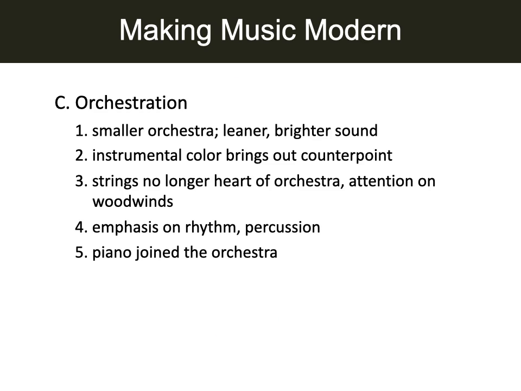Orchestration. So what is orchestration? That is what instruments you are in the orchestra and how you pair them together. So you make new colors by, say, I'm going to have the violins and the clarinets and the triangle play together.